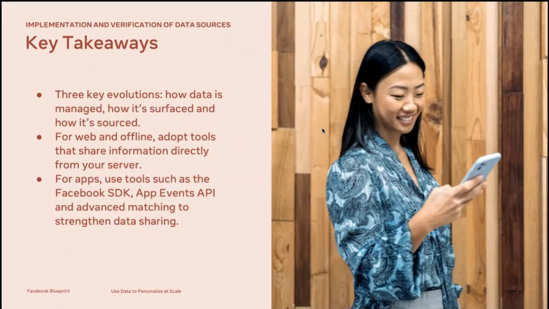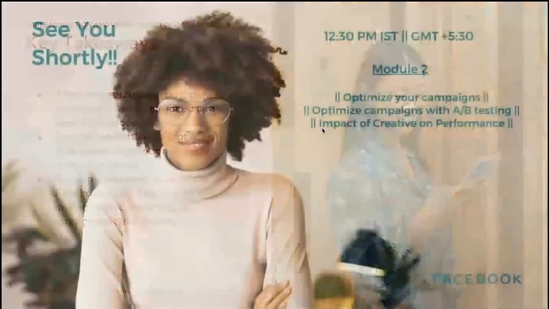For businesses heavily invested in web conversion campaigns, Facebook Conversion API is a great way to connect with Facebook directly from your server, and it works best when paired with Facebook Pixel and advanced matching. Similarly, for offline actions, use offline Conversion API to share information directly from your server. And for apps, you can use Facebook SDK, App Events API, and advanced matching for apps to strengthen the data sharing. So that's where we come to the end of module 1.